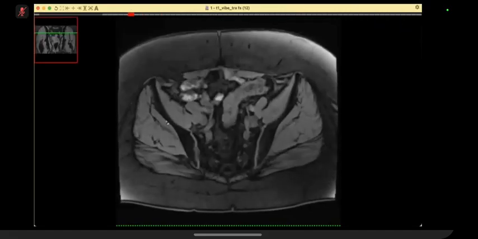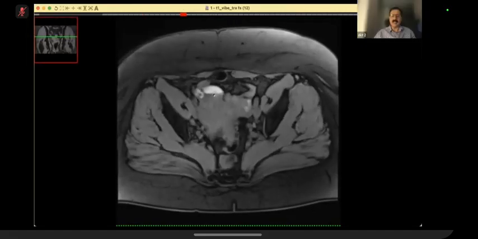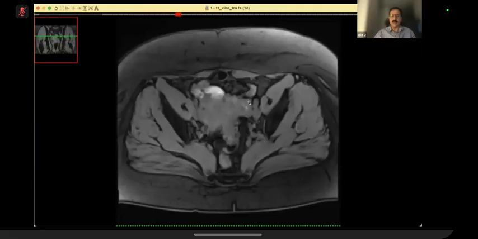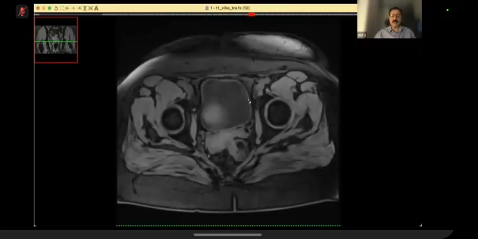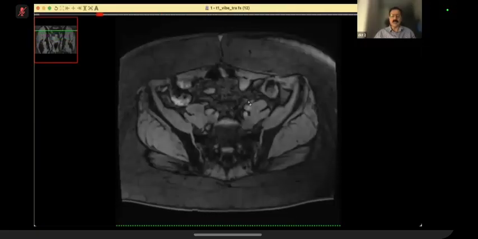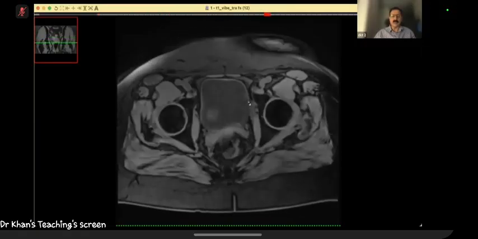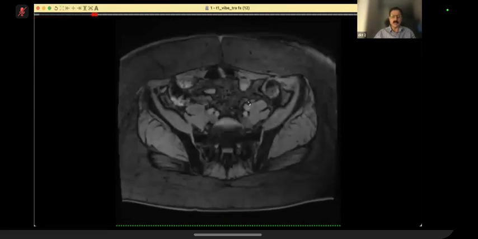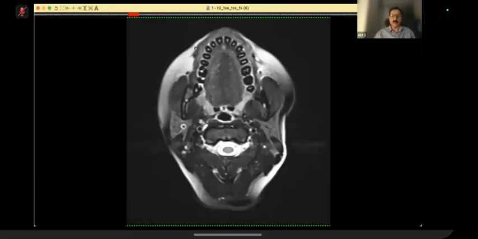And here you are. So this one is hematosalpinx. This one is hematosalpinx. All said and done, this is deep pelvic endometriosis with bilateral endometriomas and hematosalpinx, and there is no adenomyosis.